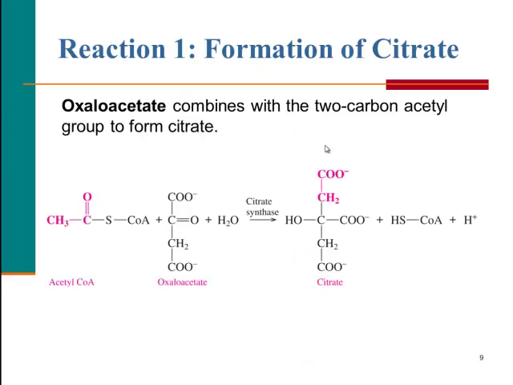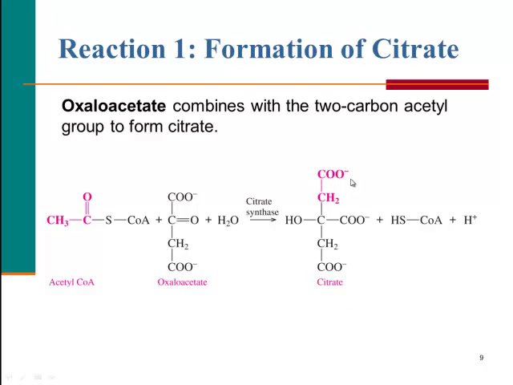So the first reaction is the addition of our 2-carbon unit from acetyl-CoA to our molecule oxaloacetate. Oxaloacetate is a 4-carbon molecule that has a carboxyl group at each end. Now the addition of the acetyl group from acetyl-CoA is going to result in the formation of the molecule citrate.